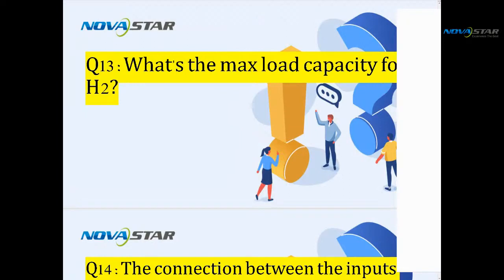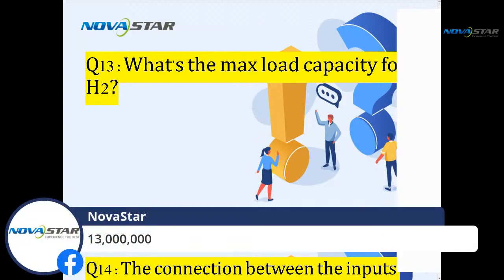Let's see. So for question 13, what's the maximum loading capacity for the H2? It is 15 million.